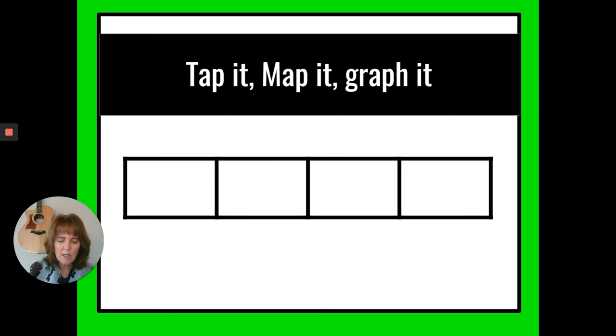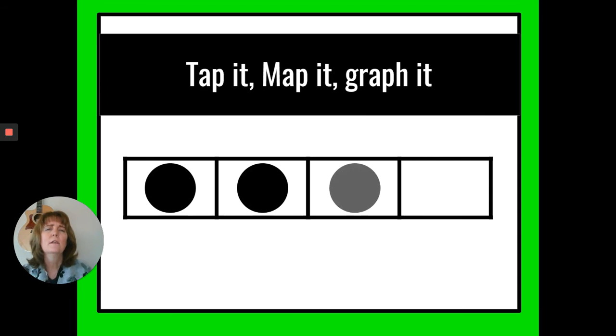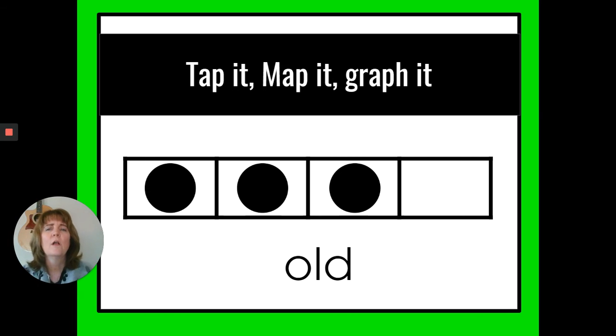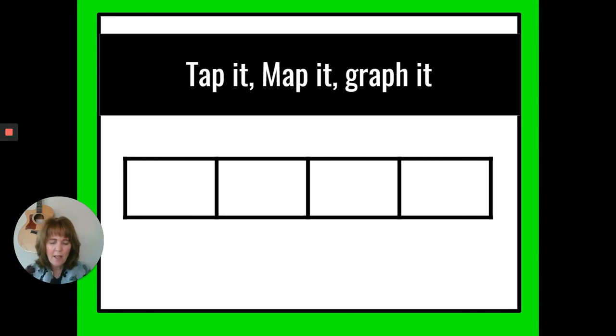The next word is old. How many sounds do you hear in old? Old. Old. 3 sounds. Old. Good job. Let's do another one. The next word is paint. Paint. Let's tap it.